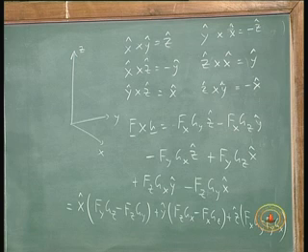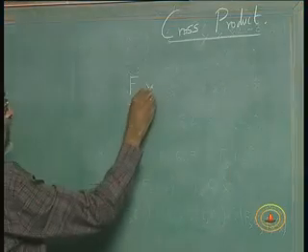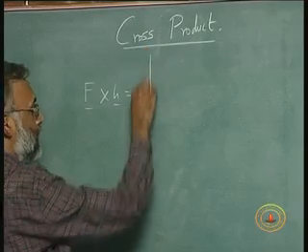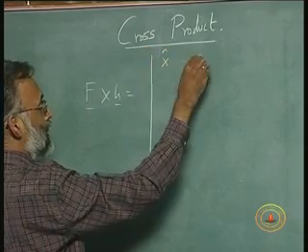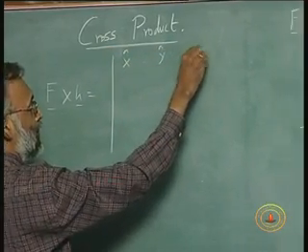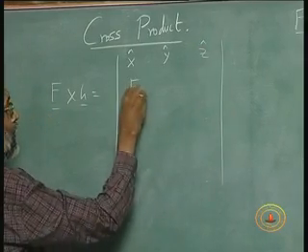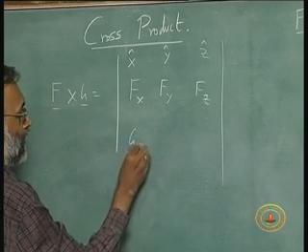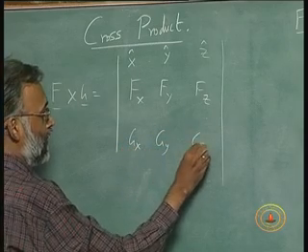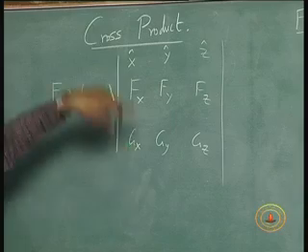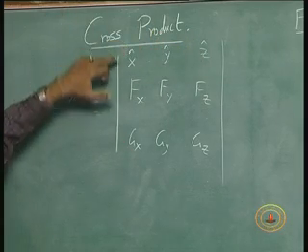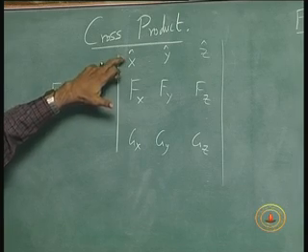So, you can write the determinant form of cross product. You can say f cross g is equal to the determinant x hat, y hat, z hat, fx, fy, fz, gx, gy, gz. Because when you take the determinant, you choose any row. Let us say we chose the top row. Then we take the sum over all the minors.